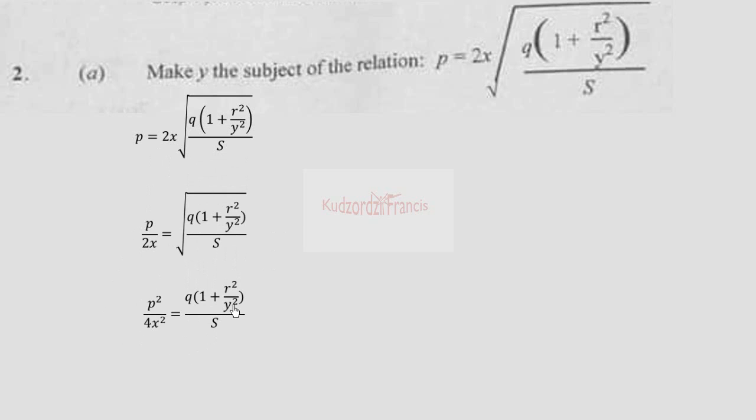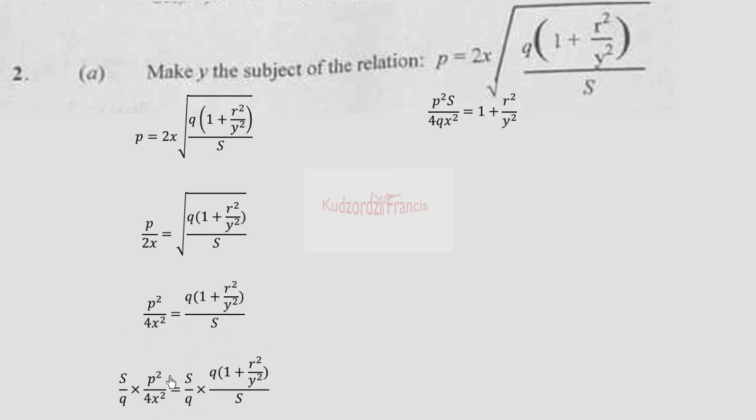Now, because we want to get y squared as the subject, let's multiply both sides by s over q to get rid of this. So s over q, so this will cancel this. You're left with this p squared s.